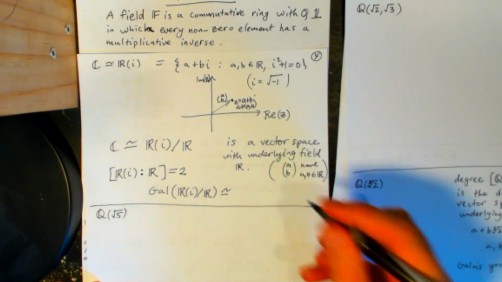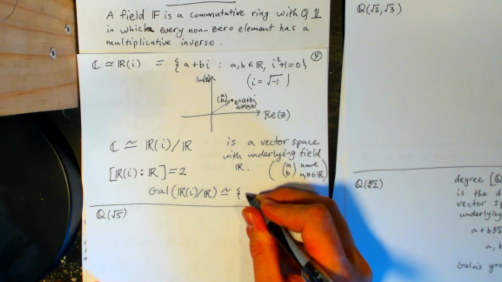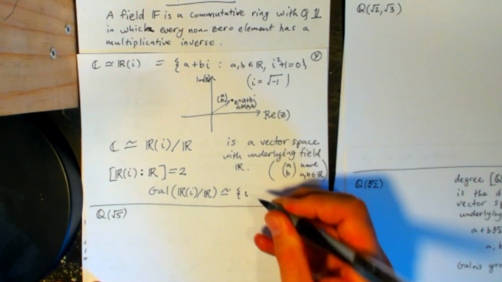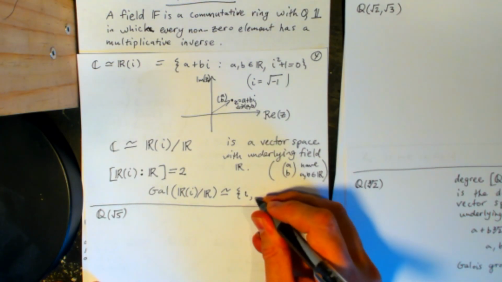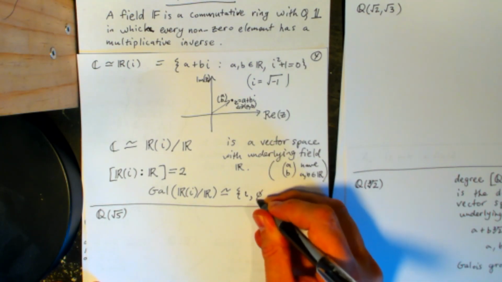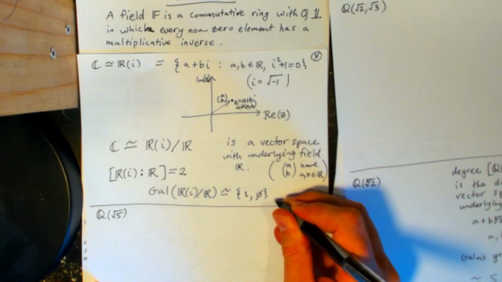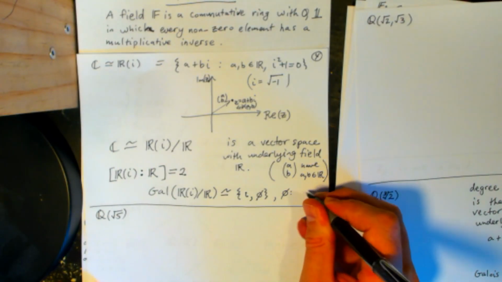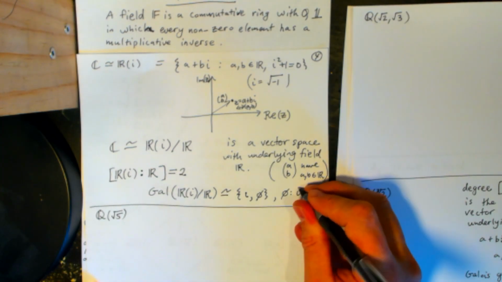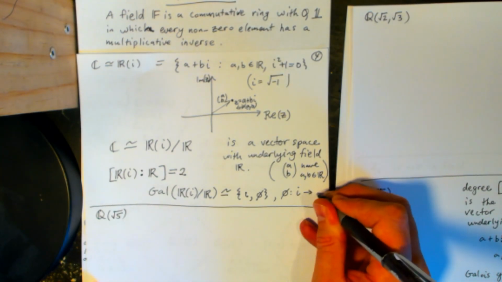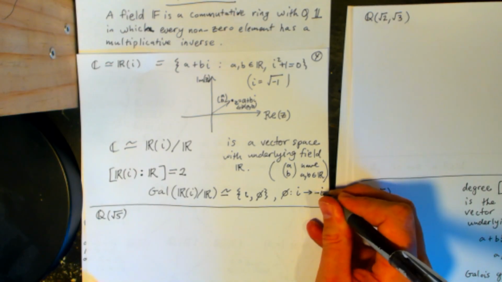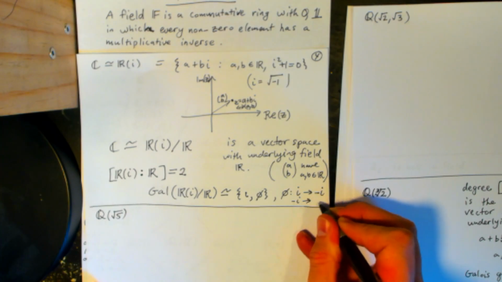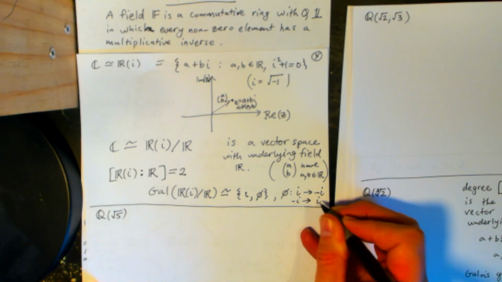This is isomorphic to the group containing the identity, and here I'm just going to use the Greek letter iota for that, and then we'll have, say, phi, where phi maps i to minus i, right, and minus i to i.